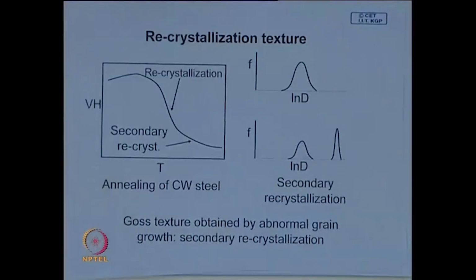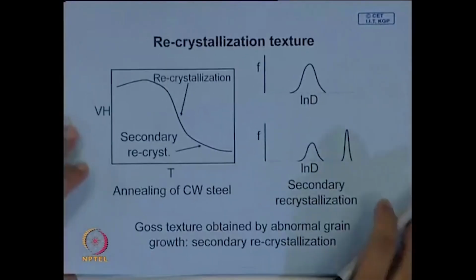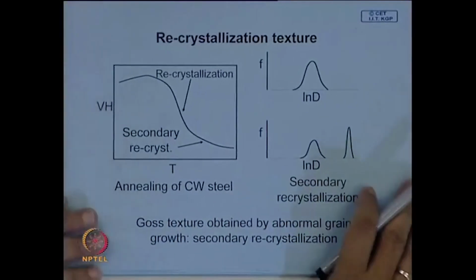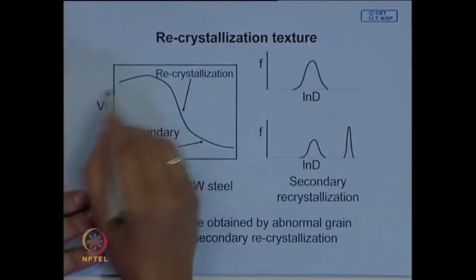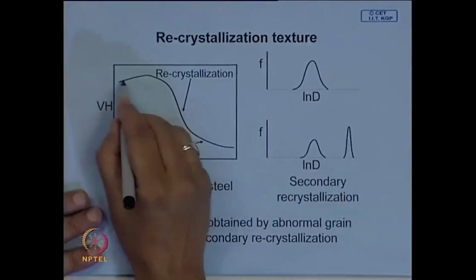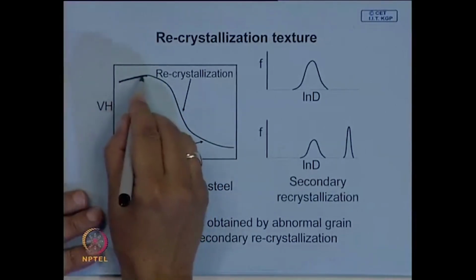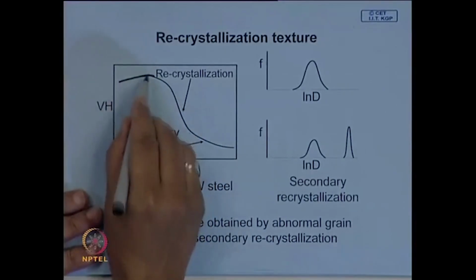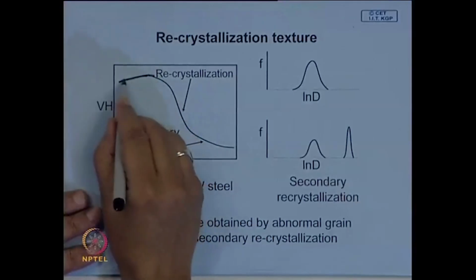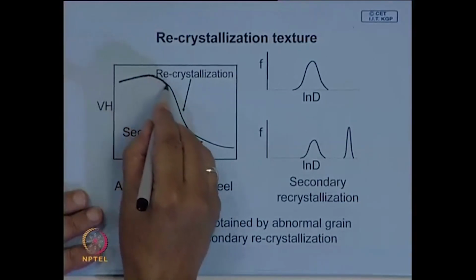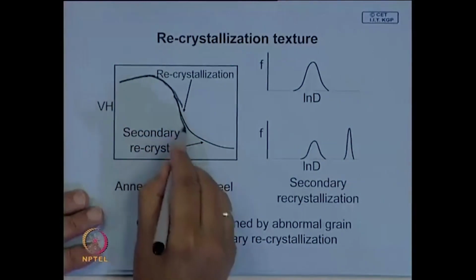If you look at the processing, the recrystallization of a cold worked structure, if you recollect, for low carbon steel, this is a typical annealing plot. When you anneal, the hardness initially may increase a bit, but later on it decreases.